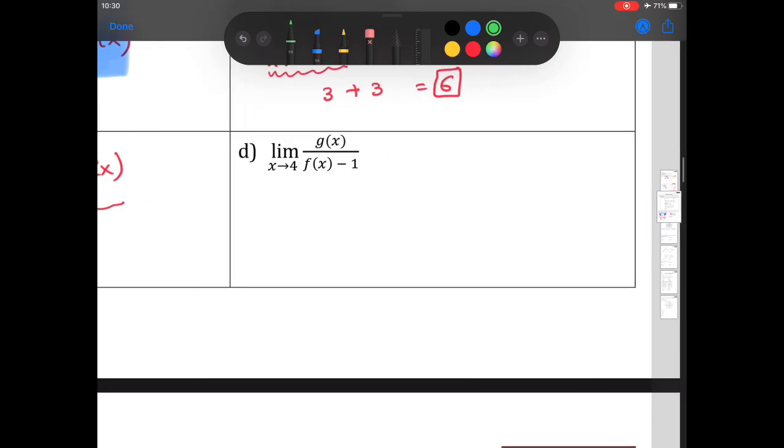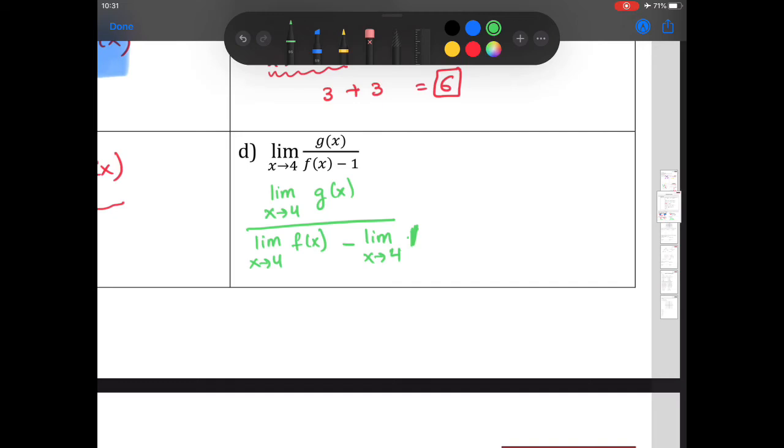The last one, it's division, so I can separate all of this. I can rewrite this as limit as x approaches 4 of g of x in the numerator over limit as x approaches 4 of f of x minus limit as x approaches 4 of 1.